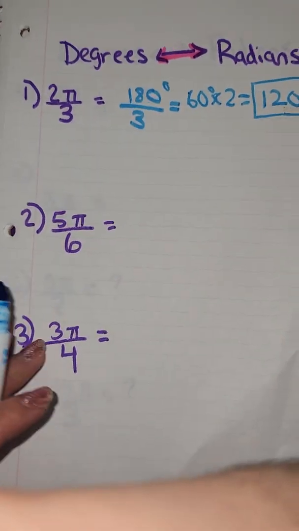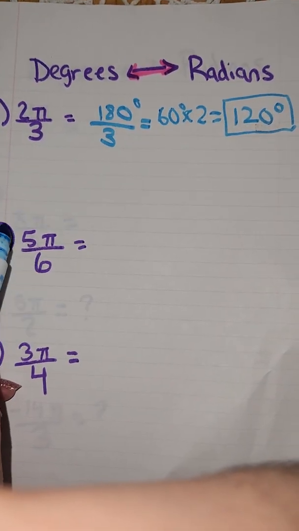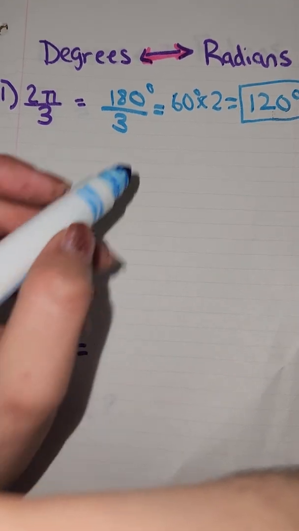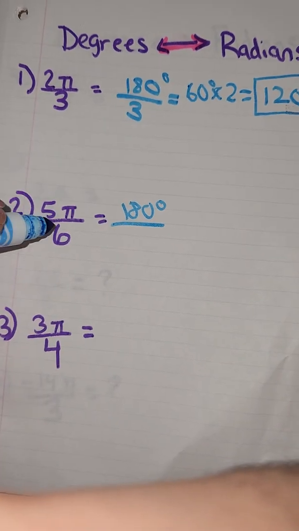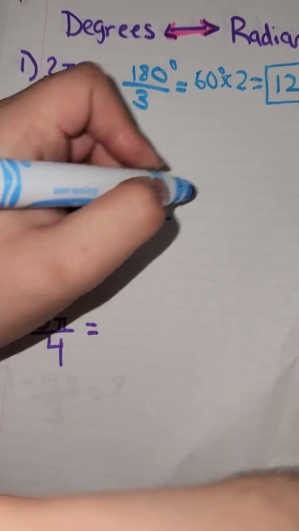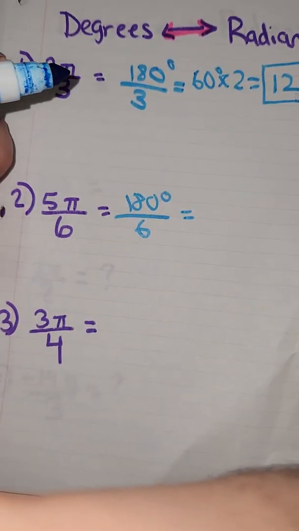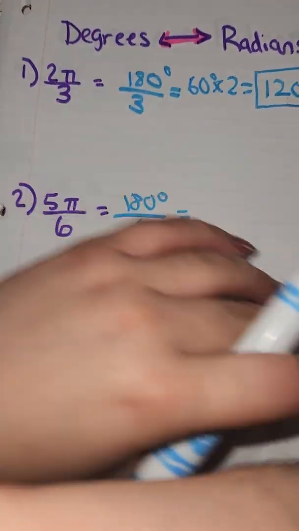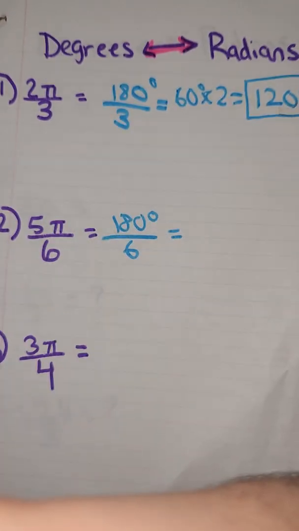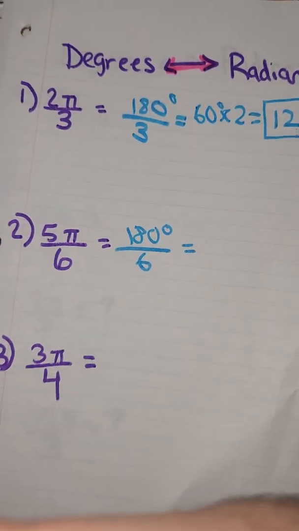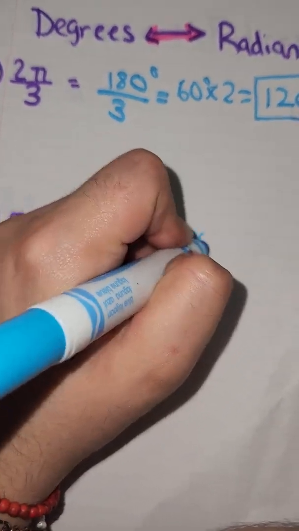Now let's do number 2. The same thing, 180 degrees divided by 6, which equals 30 degrees.